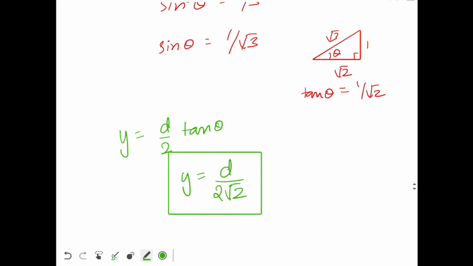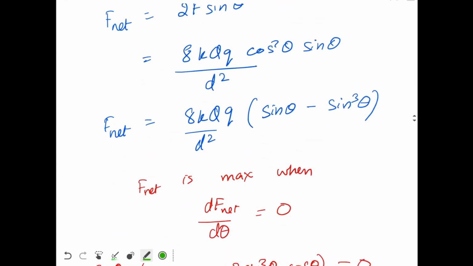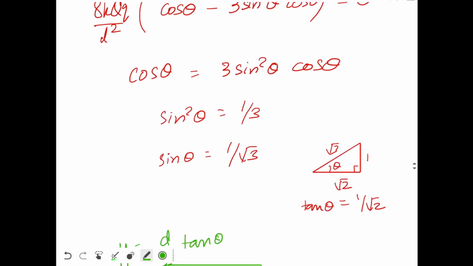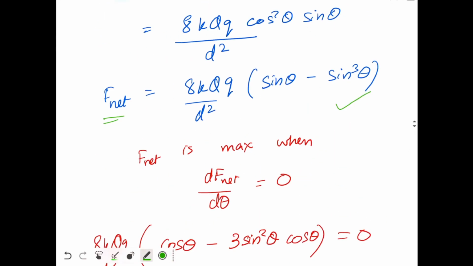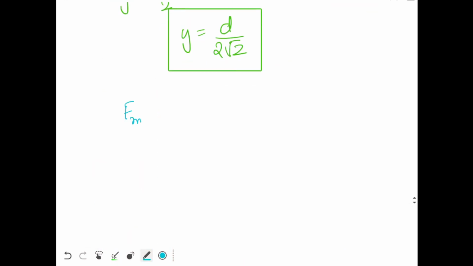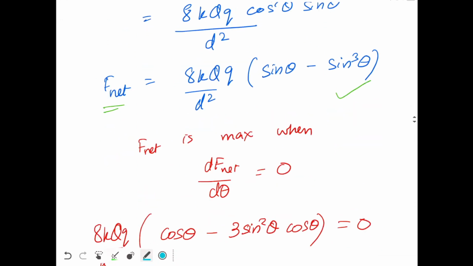And they are also asking what the magnitude of this maximum force is. So this is your net force and we have to put sin theta equal to 1 by root 3 in this formula. F max will be 8kQq by d square times sin theta minus sin cube theta.